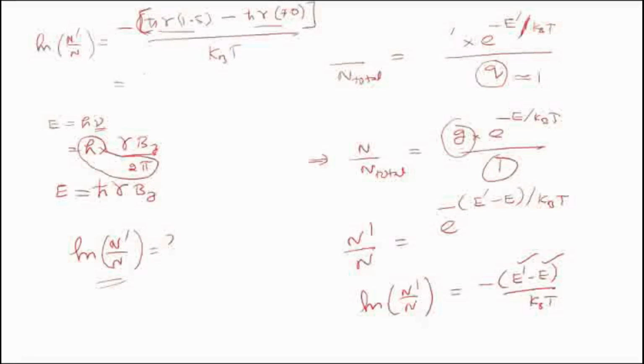So if you take minus h cross gamma by kBT out, you'll get minus 1.5 minus, or minus plus, 7.0. So the correct answer will be 5.5. This minus becomes plus, right? So 5.5 h cross gamma by kBT. This is the value of ln n prime by n for this system.